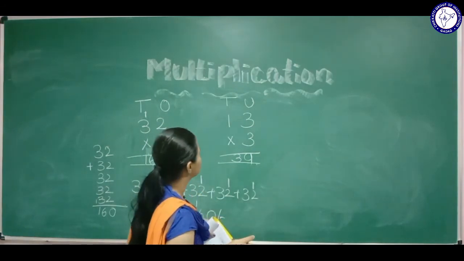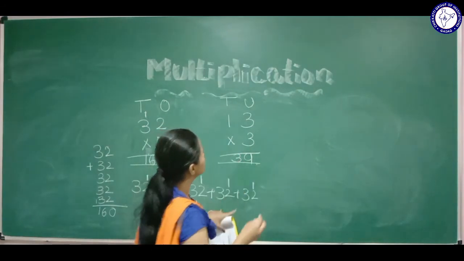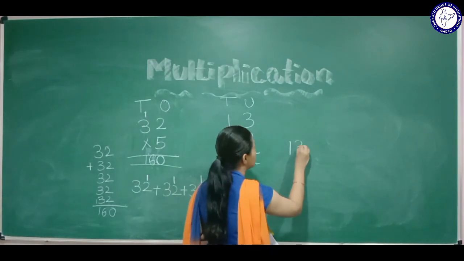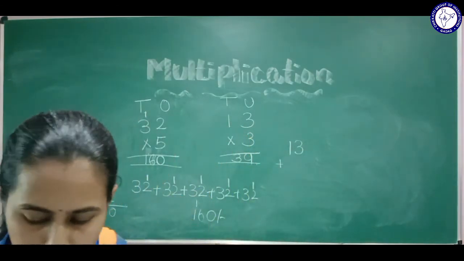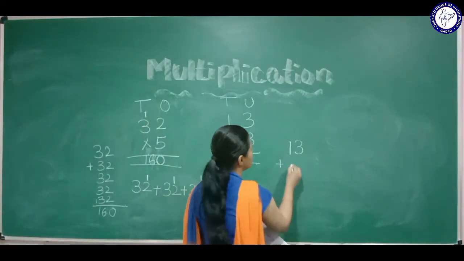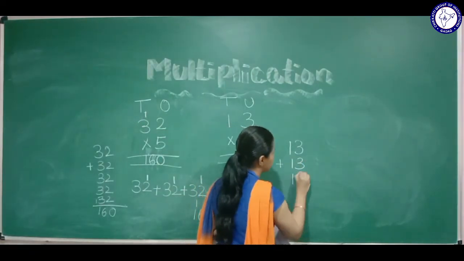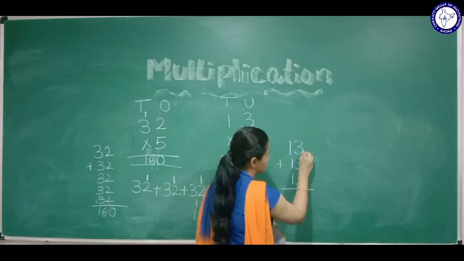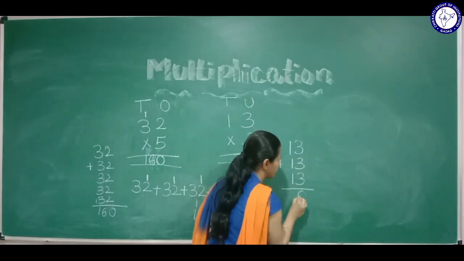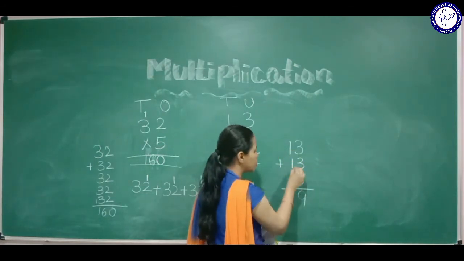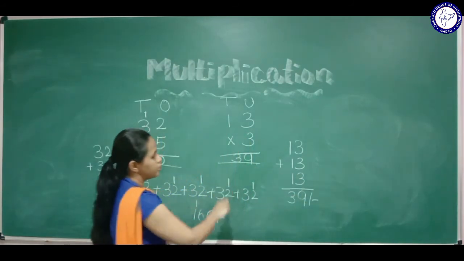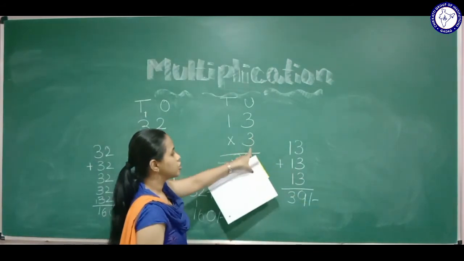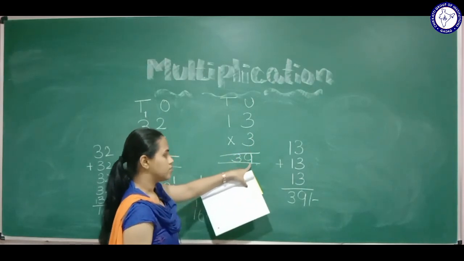So how should we calculate this one? 13 plus 13 plus 13. Okay, 3, 6, 9, then 1, 2, 3. So we got the same answer, right? So 13 into 3 is 39.